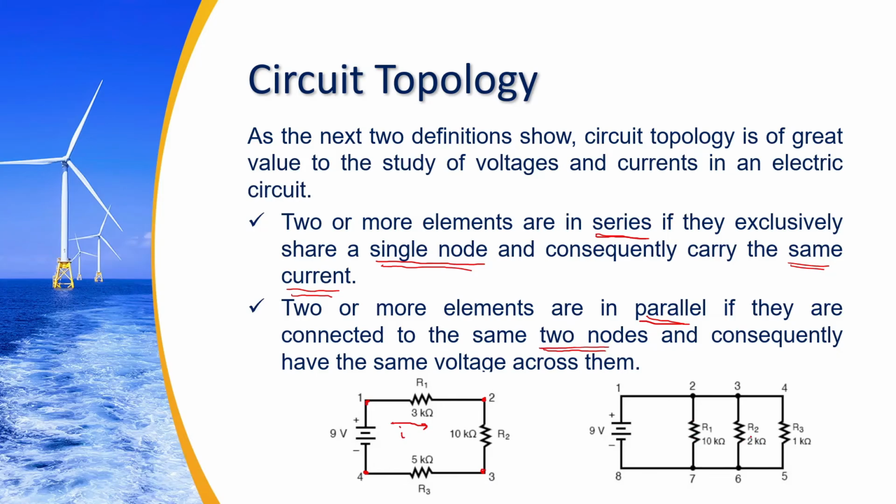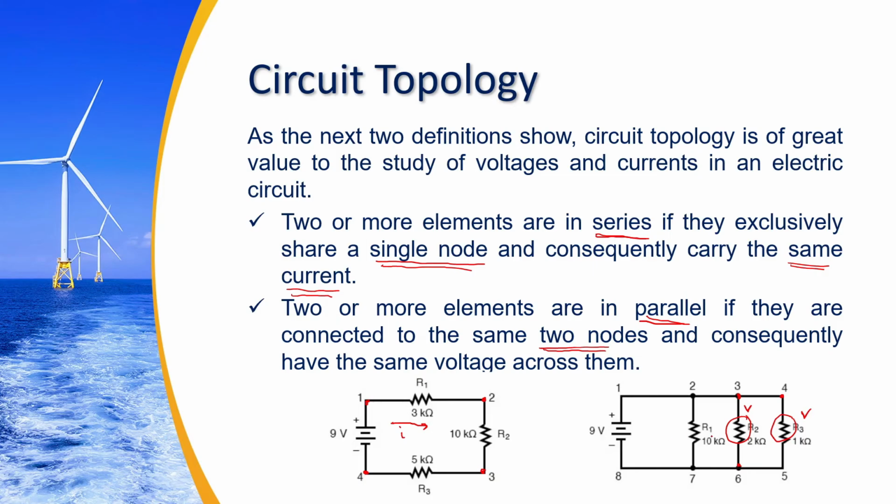Yung 2K at saka 1K, nag-share sila sa 2 nodes, node 4 at node 3. Ganyan din sa node 5 at node 6. Kaya masasabi mo silang in parallel. So, therefore, kung ano man yung voltage na meron dito, siya ring voltage na meron dito. Pareho lang yan.